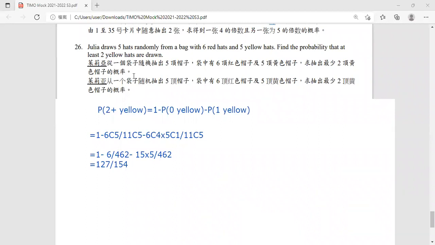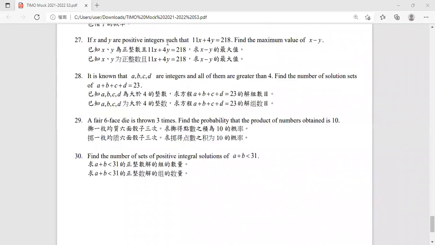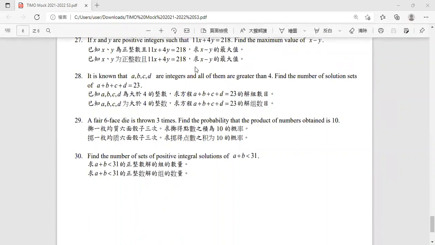Okay. Question 27. Now x is positive, and therefore x plus 4y is equal to x. Find the maximum of x minus y. So that means that you have to minimize y.